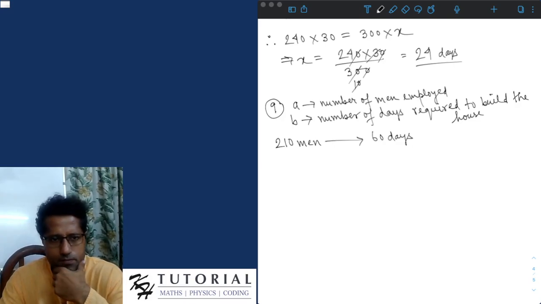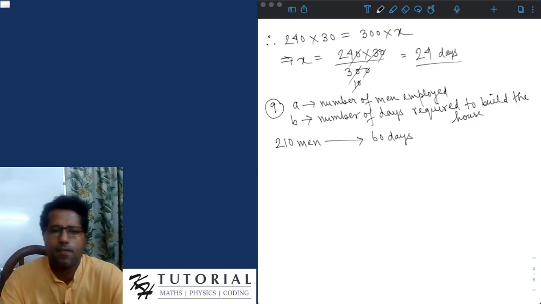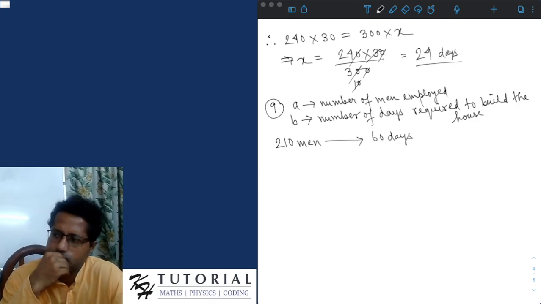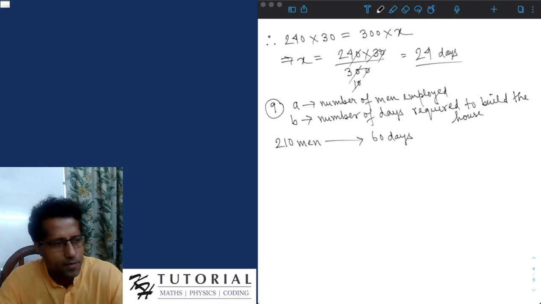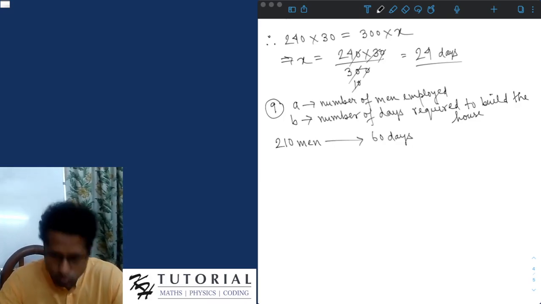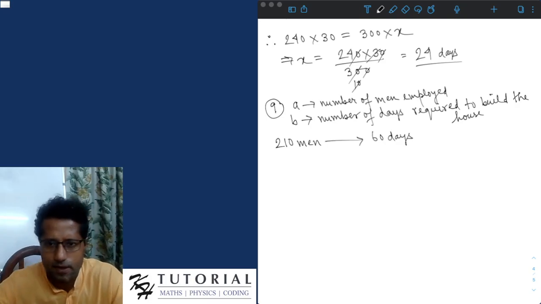Now in 12 days, these 210 men have already done some work. So ideally, in the remaining 48 days, these 210 men should complete the remaining work. Okay, so that is why the hint is given like that.